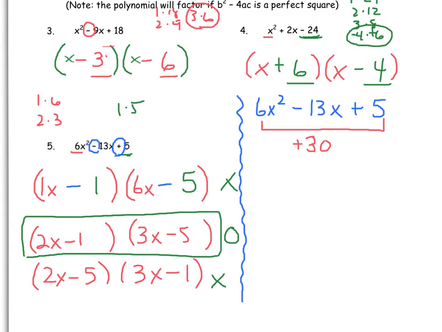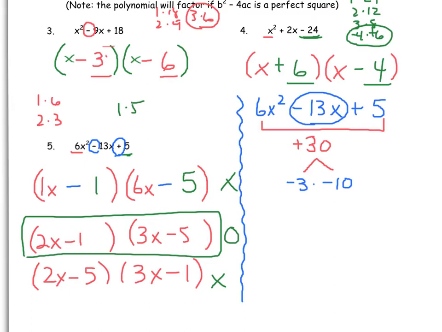All right. And then you break down that into factors so that they combine to give you the middle term. So our middle term is a minus 13x. So we're considering factors of 30, of a positive 30 that make a negative 13. And that would be a negative 3 times a negative 10.